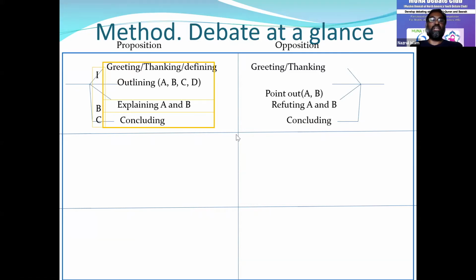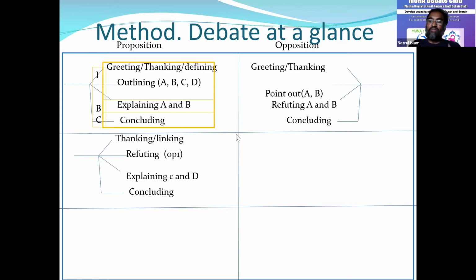Very good. The second speaker from the proposition. Remember the word linking is important. Linking. What is it? Linking with the first speaker of the proposition, linking with the first speaker of the opposition.